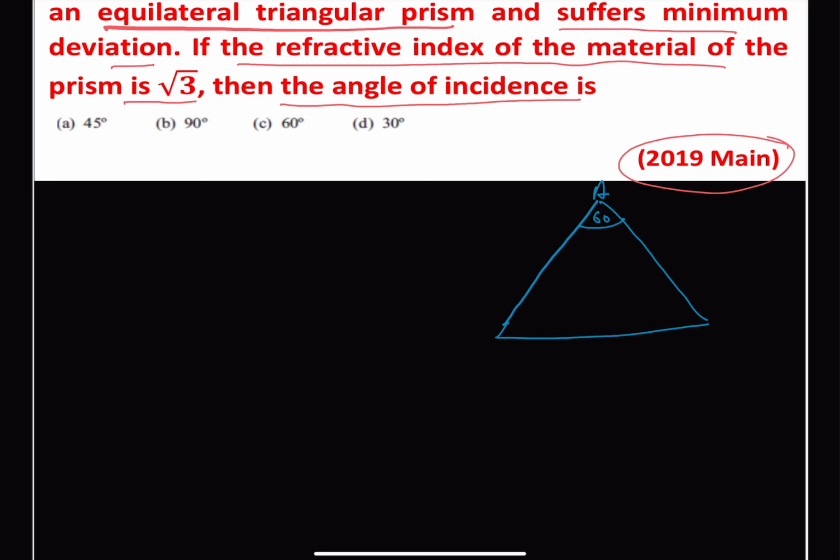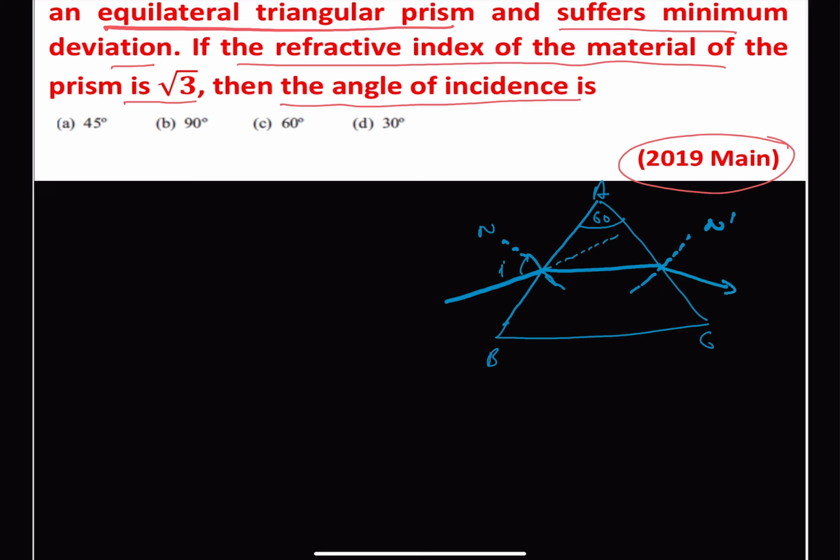Let us suppose this is our A, B and C, and this is the incident ray, and this is our incident angle, this is normal n, and it will be refracted somewhere here, and this is the other normal, let us suppose n prime, and this will be the final emergent ray.